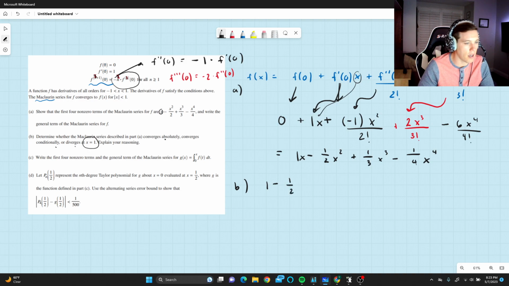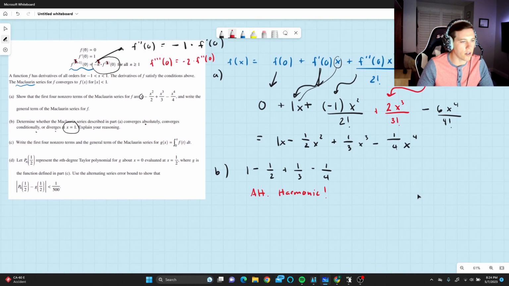So 1 minus 1/2 plus 1/3 minus 1/4. And this series should look very familiar to you. It is the alternating harmonic series, and you should know whether it converges or diverges.